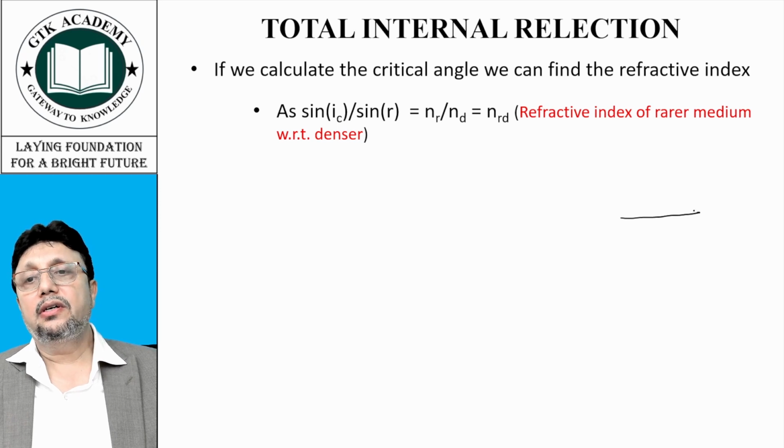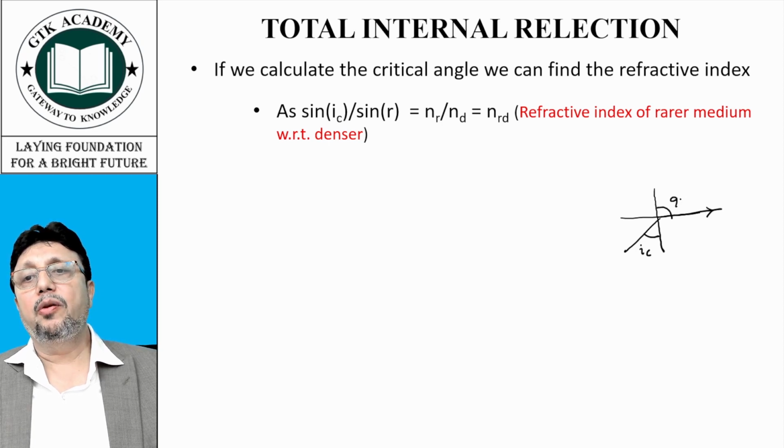See, when you have the angle of incidence as IC, the refracted ray will graze here and this angle will be 90 degree. This is denser medium and this is rarer medium.